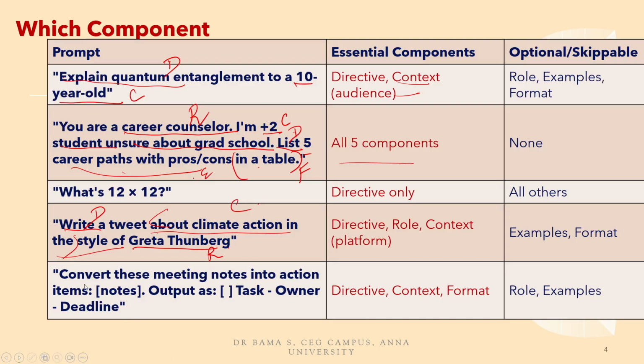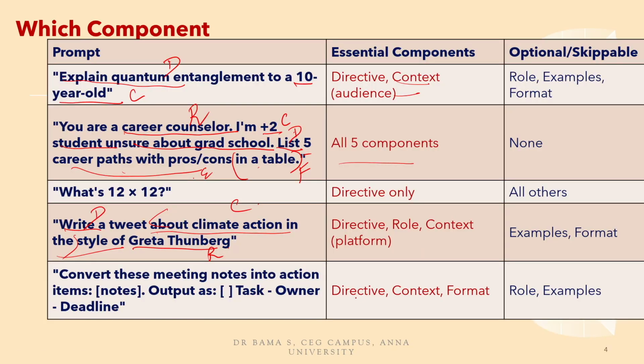The last example, convert these meeting notes into action items, and within the square brackets, notes is something actual that we are giving into the LLM. So, it would do the work within whatever is given in the square brackets. Now, we are giving the input item and the output also, this is the pattern that we give: the task, owner and deadline.